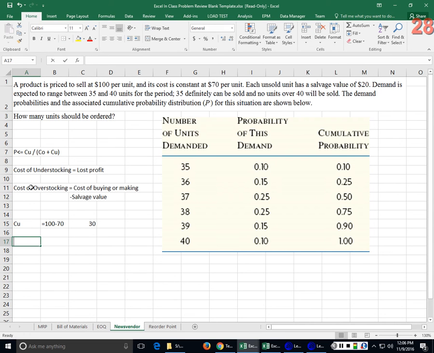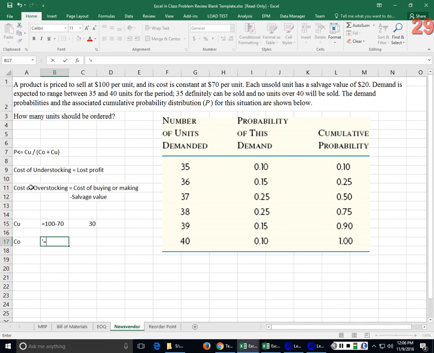Next to Ryan, I'm sorry, I don't recall your first name. Tyler. Okay, so my cost of overstocking, Tyler, is the cost of buying or making minus the salvage value. The cost is constant at $70. Each unsold unit has a value of $20. So how would I calculate my cost of overstocking? 100 minus 20? Nope, because that's revenue.